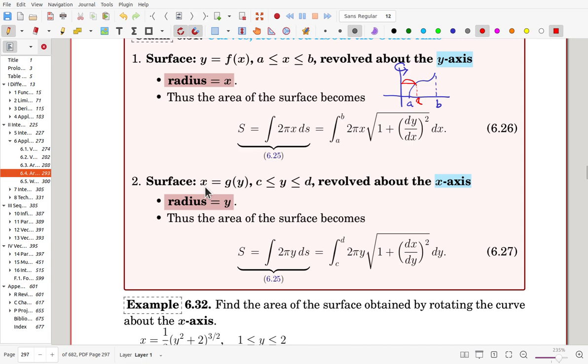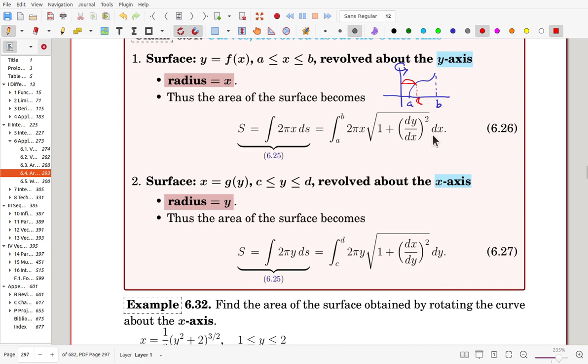Similarly, here x equals g of y, and y is moving from C to D, and the revolution is about the x-axis. So in this case, once there is x-axis rotation, then y must be the radius. So here we can say that S is the same as 2 pi y ds. Now ds can be written either this way or that way, so that we can get the surface area by using y-directional integration rather than x-directional integration.